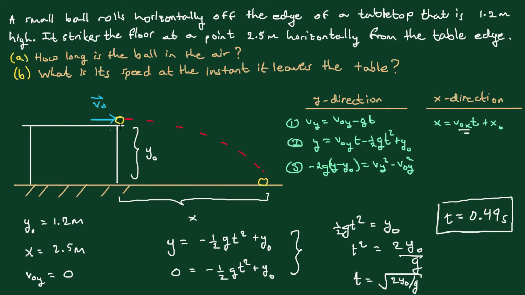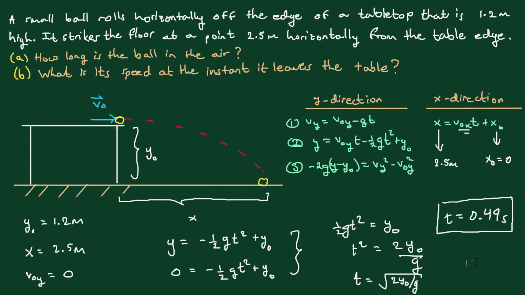If we choose the edge of the tabletop to be at x equals 0, then we can write x0 equals 0 here, and we're already given that x is equal to 2.5 meters. So x is the landing distance from the edge of the table.